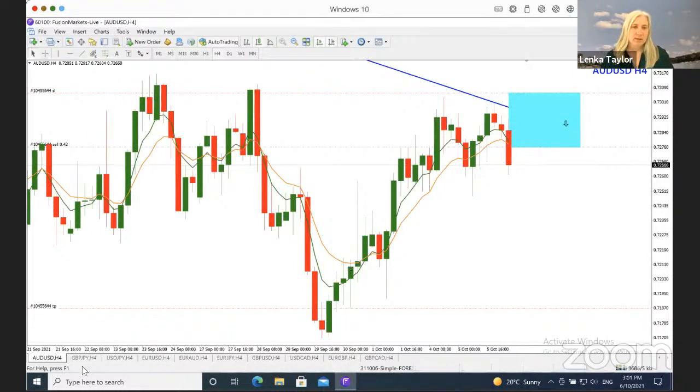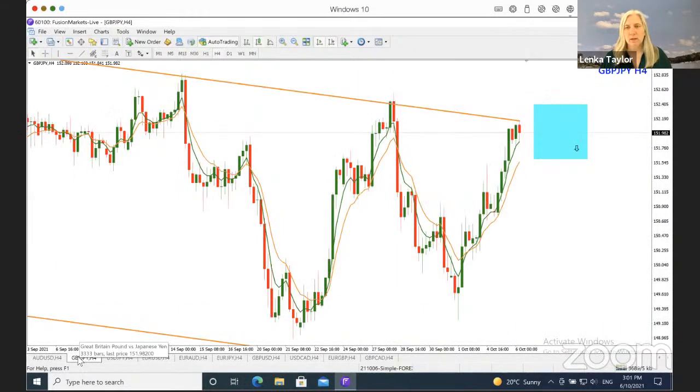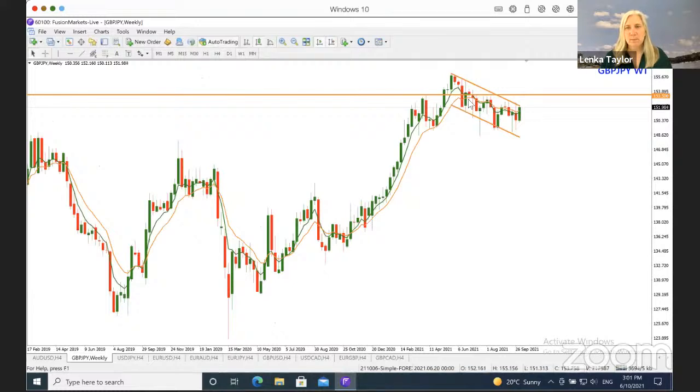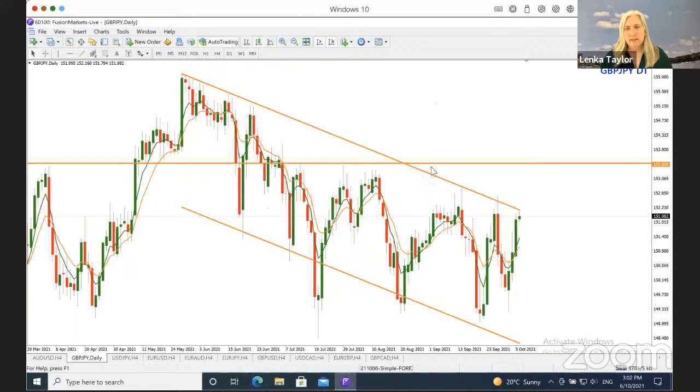So already in that one, let's have a look at GBPJPY. GBPJPY, I'm looking to enter short. So on the weekly, we're at that horizontal level resistance, and the trend is going down. So on the daily, we're at the top of the channel.